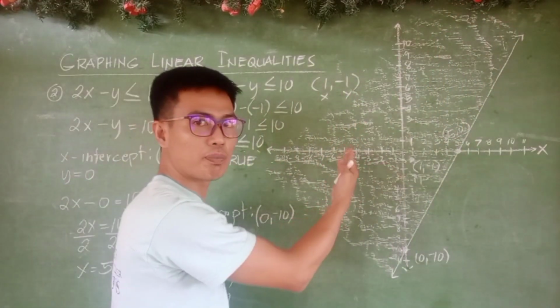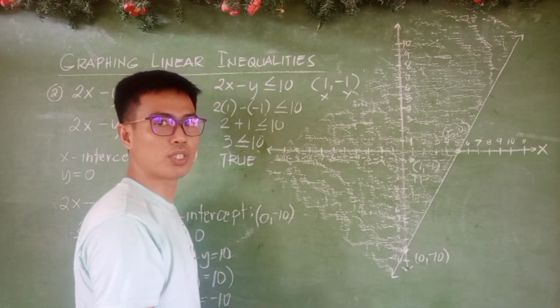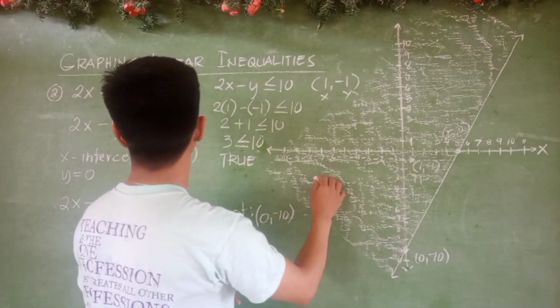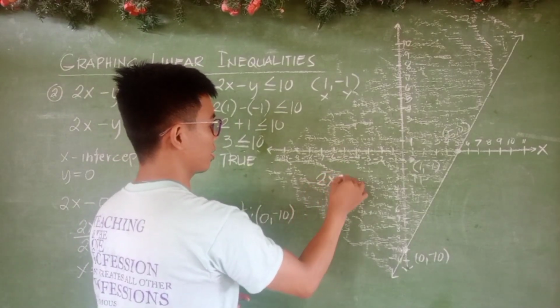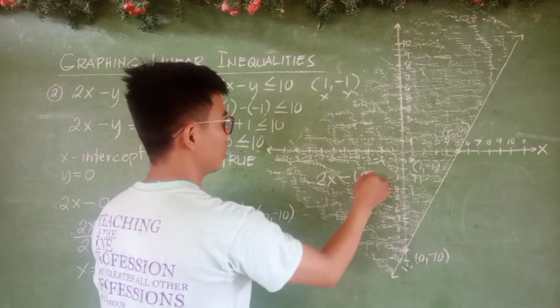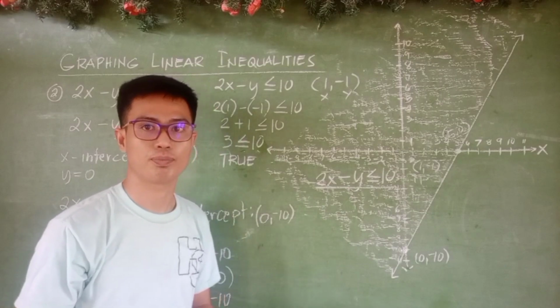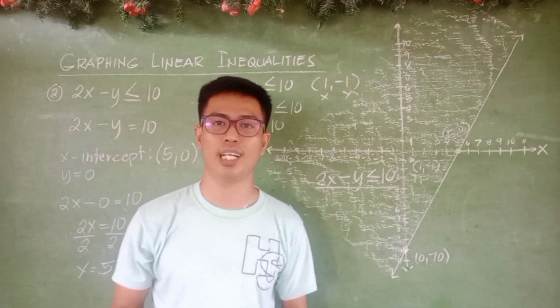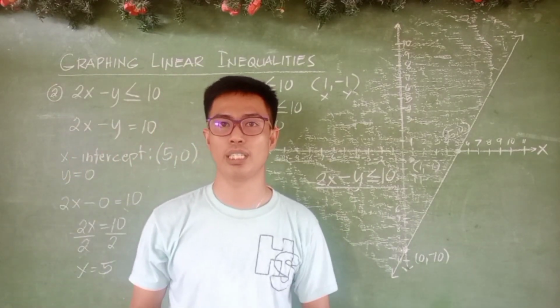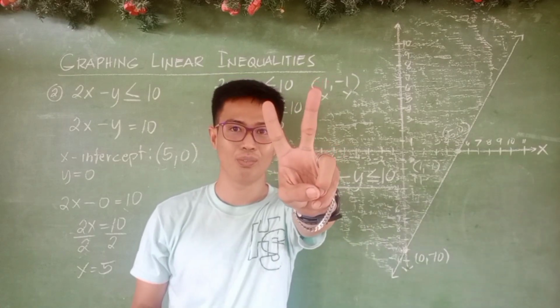And this shaded part is the solution or the graph of 2x minus y less than or equal to 10. And that is how you graph a linear inequality in two variables.